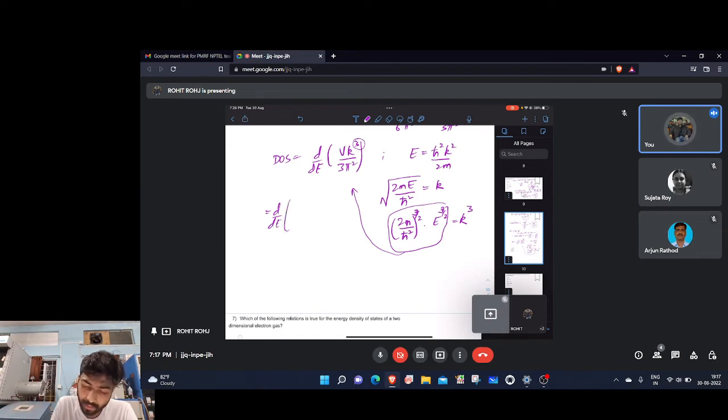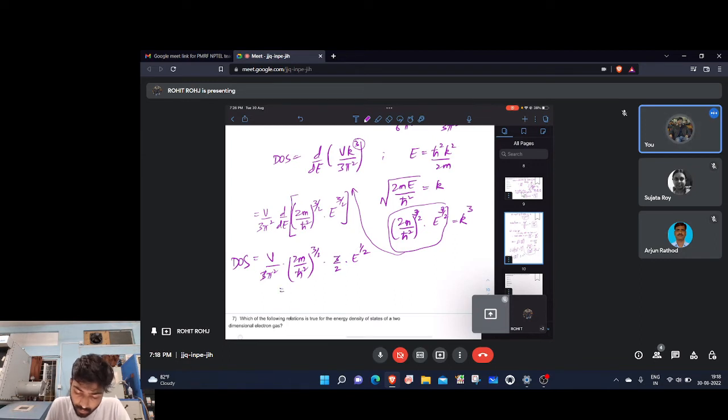V by 3 pi square can be taken out, so I'll write it separately. V by 3 pi square, then 2m by h cross square to the power 3 by 2 is constant, and the first derivative of E to the power 3 by 2 gives 3 by 2 times E to the power half. So V by 3 pi square into 2m by h cross square raised to power 3 by 2, times 3 by 2 times E raised to power half, is the density of states we have. 3 goes with 3, and we are left with V divided by 2 pi square, 2m by h cross square to the power 3 by 2.